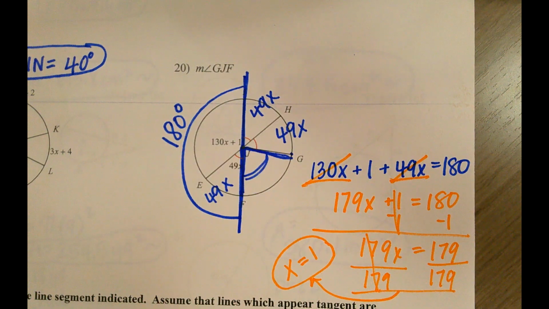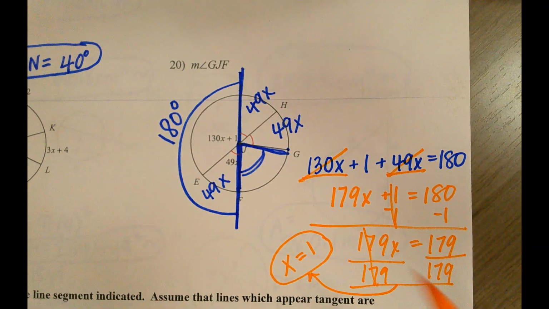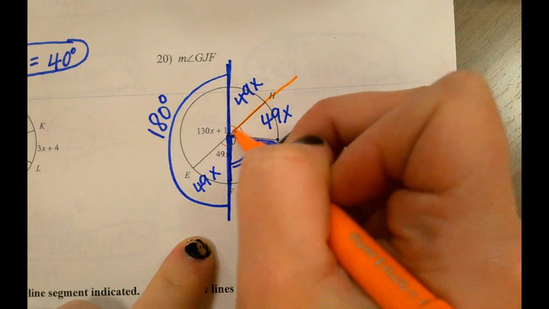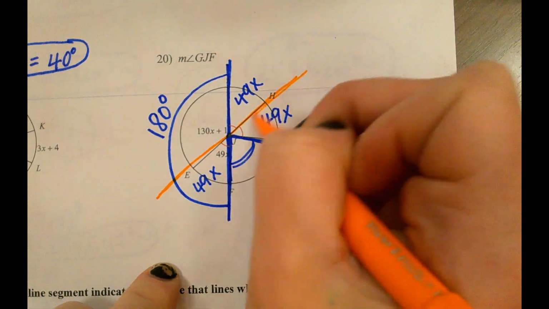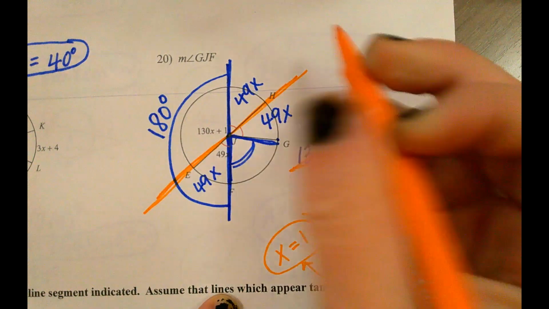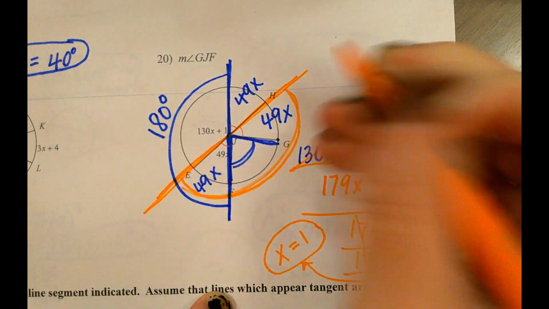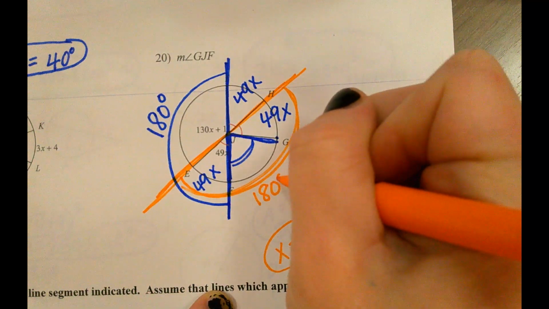There's one for EJH. Yes, this is a diameter right here. So we also know that these three angles are 180 degrees.